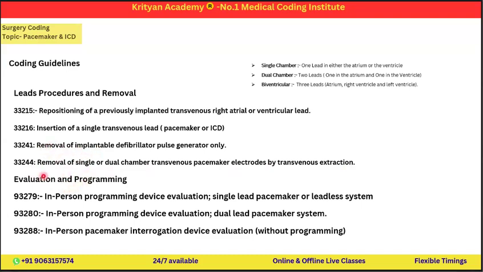Okay. Now, sometimes the patients will come for evaluation and programming only. So what do you mean by evaluation and programming? In person, the person is evaluating the device. If it is a single lead pacemaker or leadless system, use this code 93279. The other one you can see here, dual lead pacemaker system, 93280.